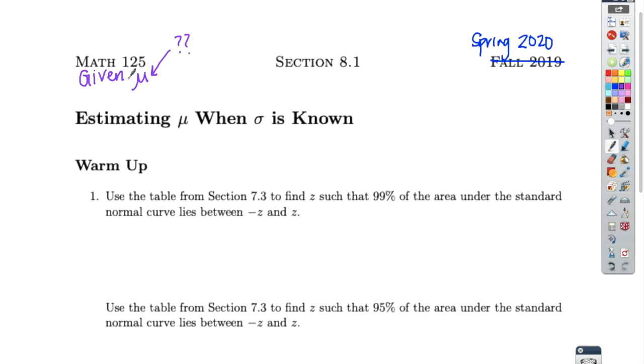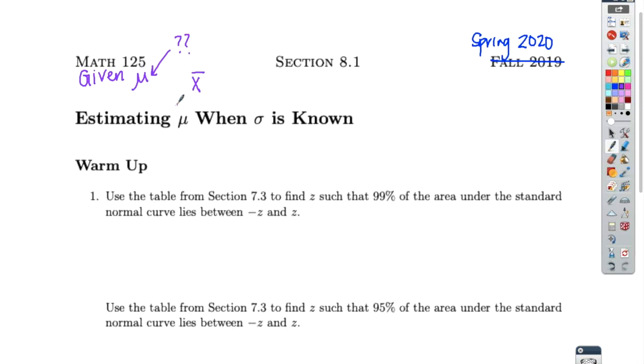Most of the time you won't be given the population mean. I mean, if you don't know your entire population, or if you only have data for a sample, then how would you be given your entire population mean? Instead, what we've been using was the sample mean, which we call X bar. And so we're going to take that in chapter 8 and use it to estimate the population mean.